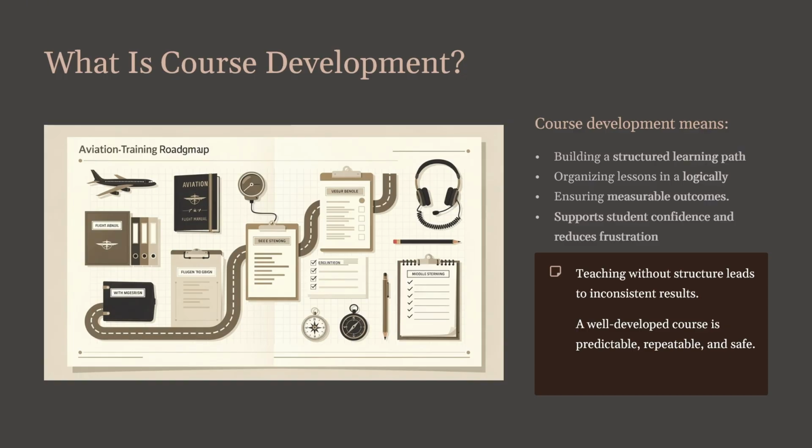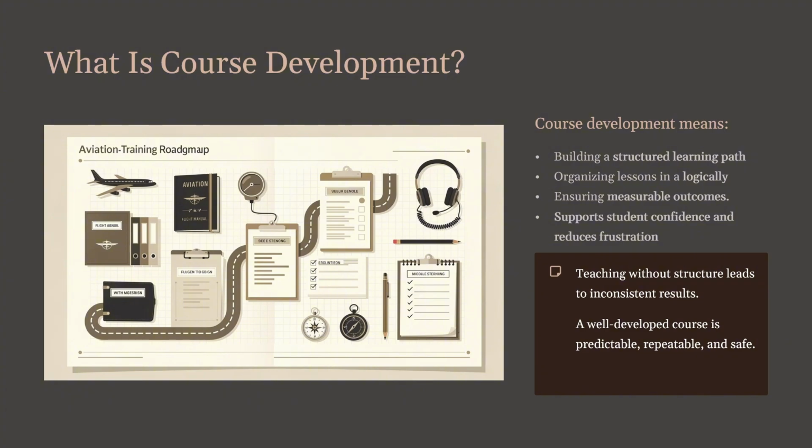So if I were developing a course, I would make sure lessons are arranged in a logical order, where one lesson supports the next one. For example, I would not want to teach advanced decision making in a situation where the student still lacks the basic control skill or basic understanding underneath it.